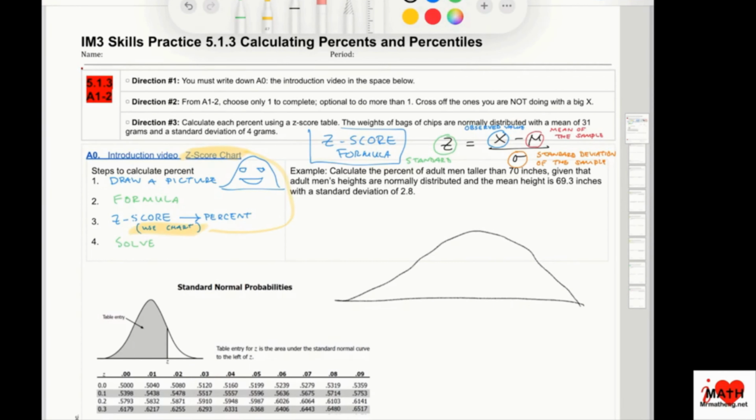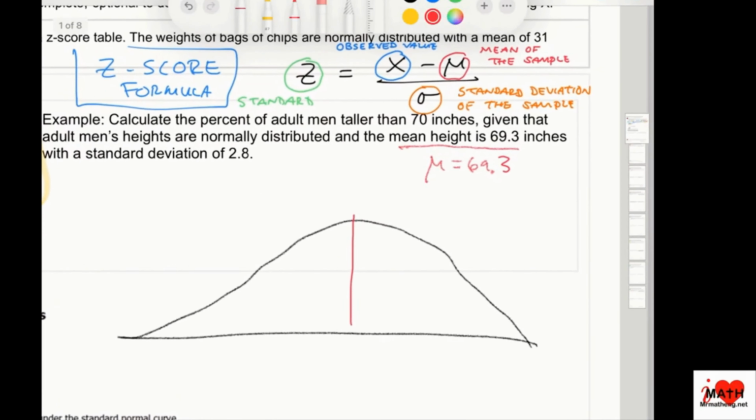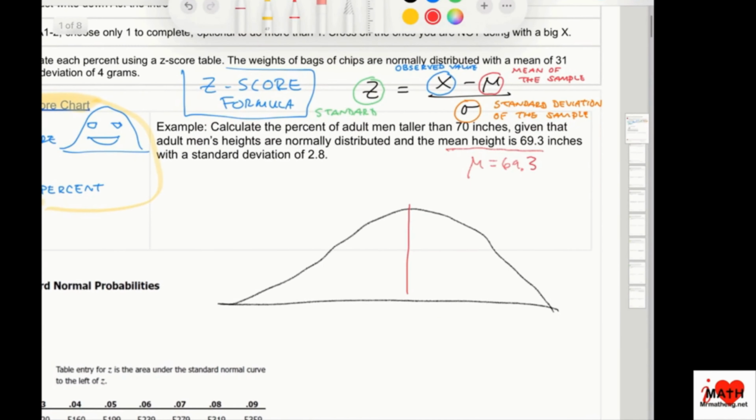Then I'm going to look for the measure of center, which is my red one, the mean. So there I see the mean height. Switch to a pen. That goes right in the middle. Step number 1, I'm just drawing my picture.